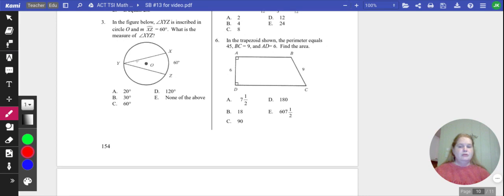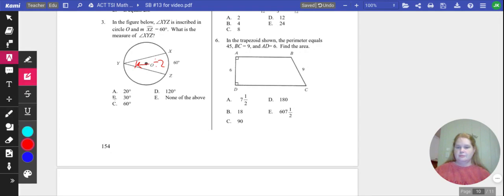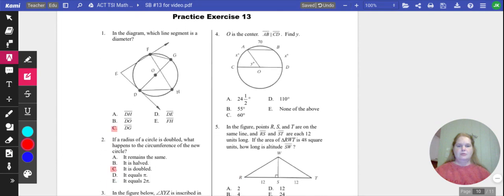Well, a moment ago we went angle times 2 equals arc. So I'm going to go backwards, and I'm going to divide by 2. 60 divided by 2, and that will give me angle. And we know 60 divided by 2 is 30. Yay!